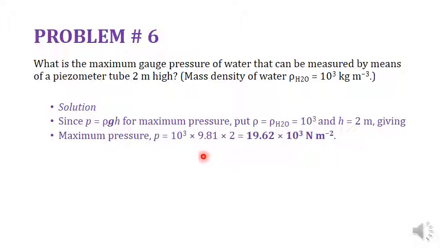The pressure head is given, that is 2 meter height of the fluid within the tube, and the density and g are given. You need to determine the pressure, which can be found directly by following the hydrostatic law.